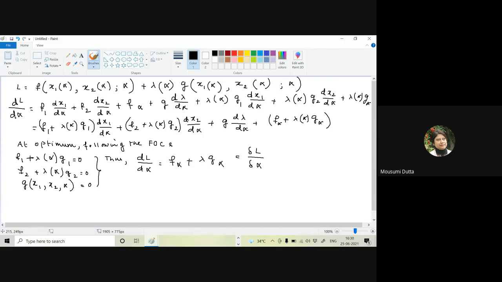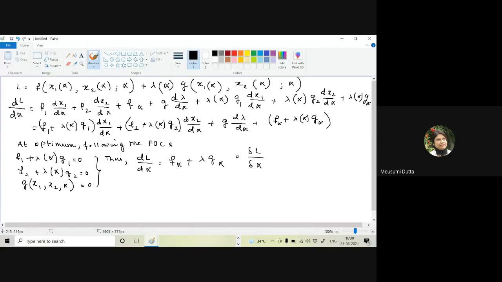Plus del f by del alpha. Then there is the product lambda into g. So I'm keeping g fixed, taking the derivative of lambda with respect to alpha, so g into d lambda by d alpha.